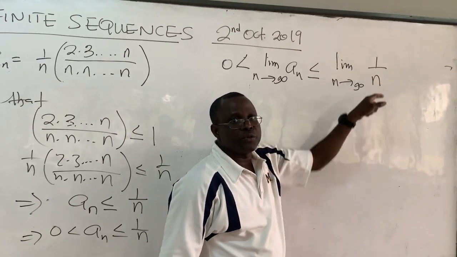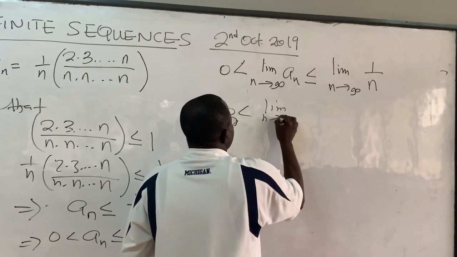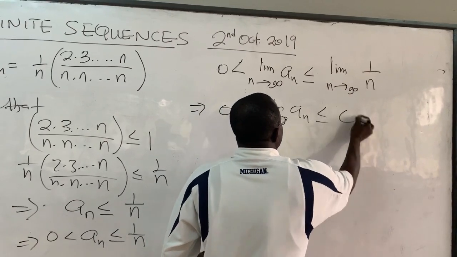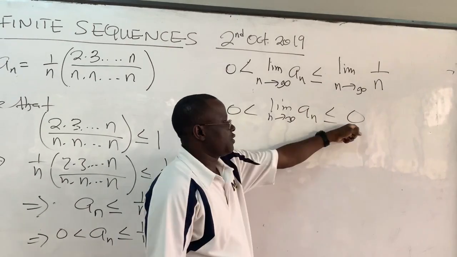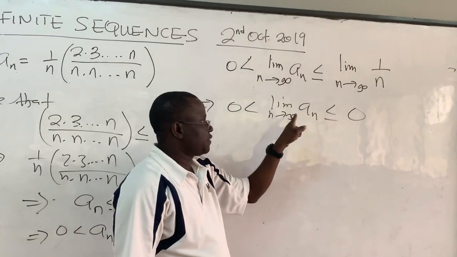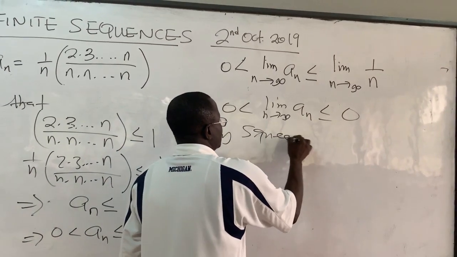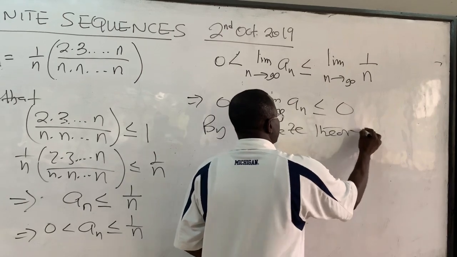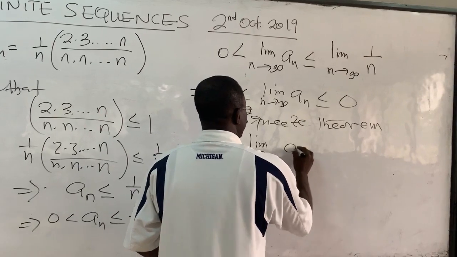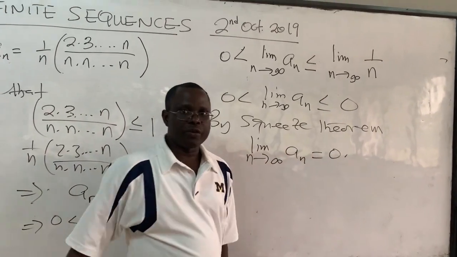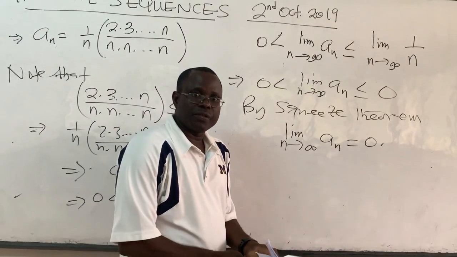So straight away we know this also goes to 0. So this implies 0 is less than the limit as n goes to infinity of an, and this has to be less than or equal to 0. Because I have 0 on the left hand side and 0 on the right hand side, the squeeze theorem says that this has to go to 0. So by squeeze theorem, the limit as n goes to infinity of an must go to 0. That is an example of how you use the squeeze theorem.